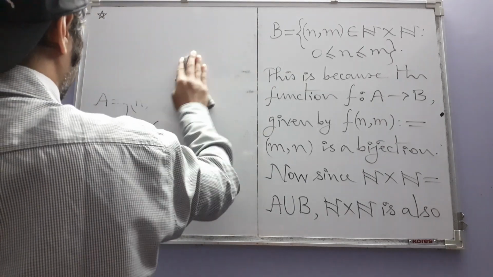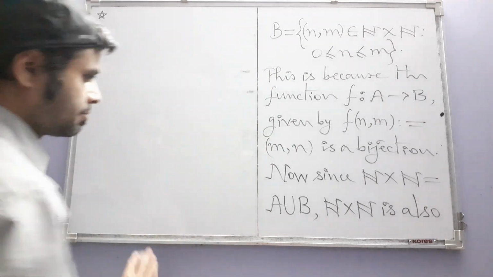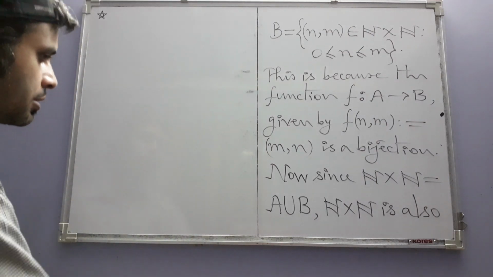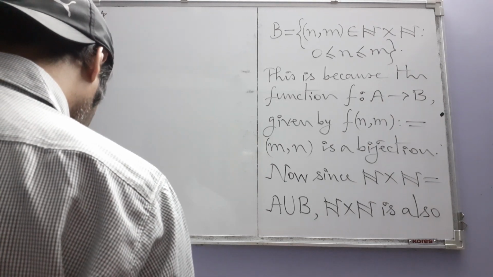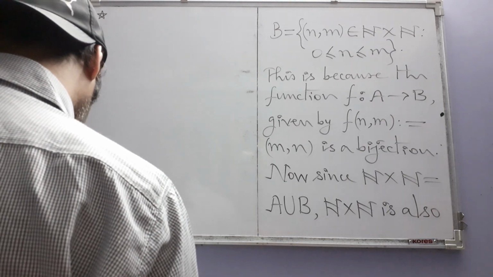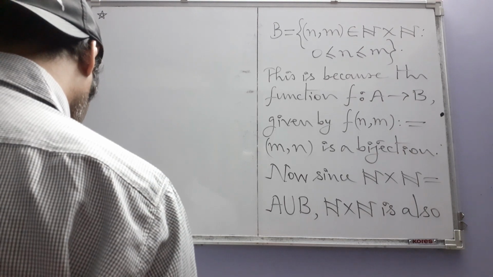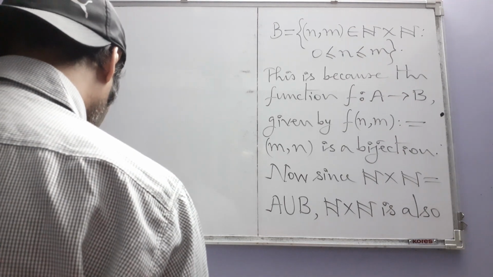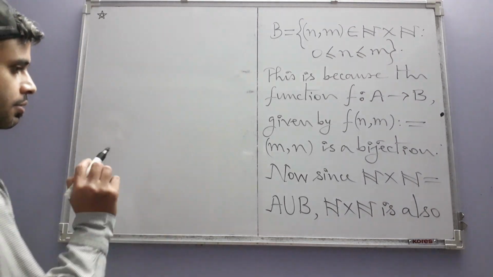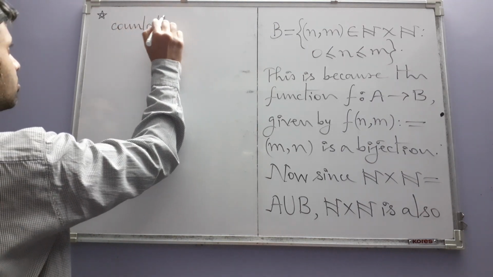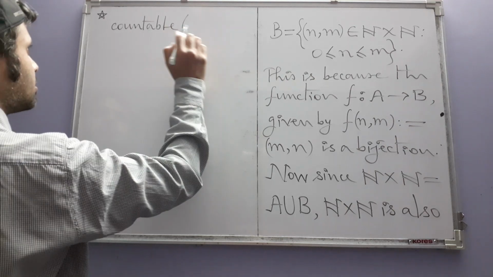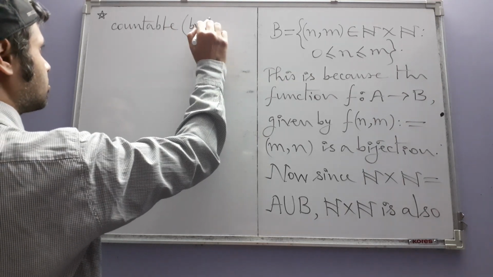This we will do in one of the exercises, but we use the result now nevertheless. What is that? It was Proposition 8.1.10. This is also countable, and the justification is this.